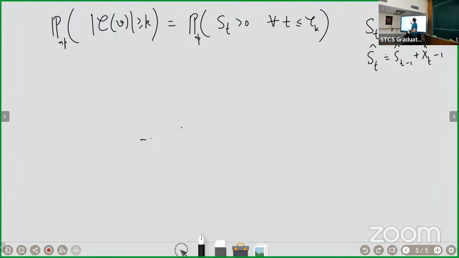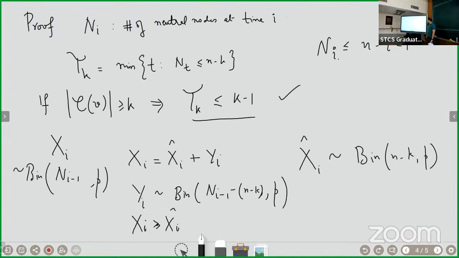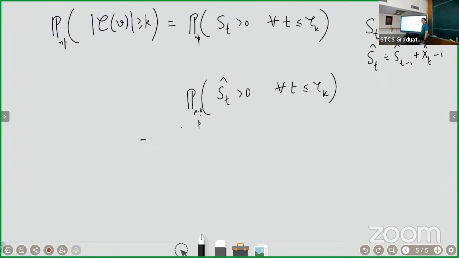Yes. So what is the relationship between this quantity and S_t hat? S_t is greater than S_t hat. See, X_t hat is smaller than X_t. That's what we showed. X_i hat is dominated by X_i. So which direction will I go here now?